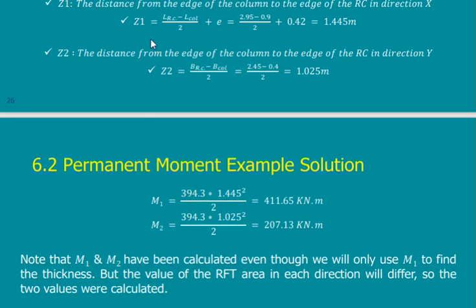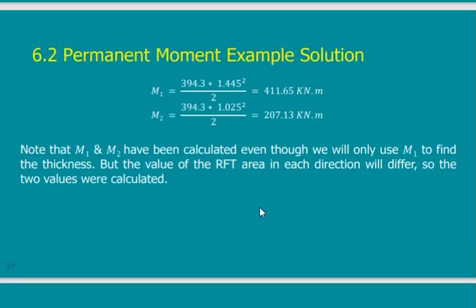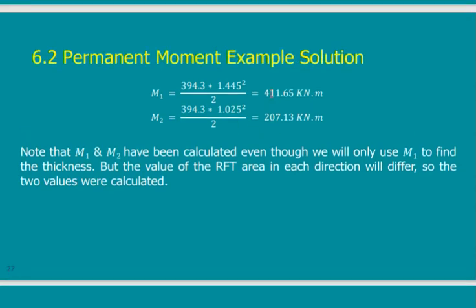So using both Z1 and Z2, I can calculate M1 and M2. So these are the two moments. Of course, the bigger one is the one that will govern me in calculating the depth of the footing. I will take this one to calculate the depth.